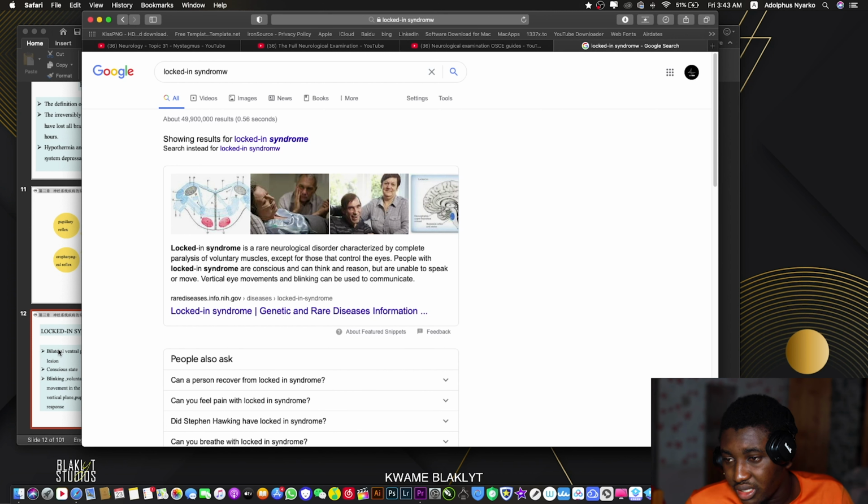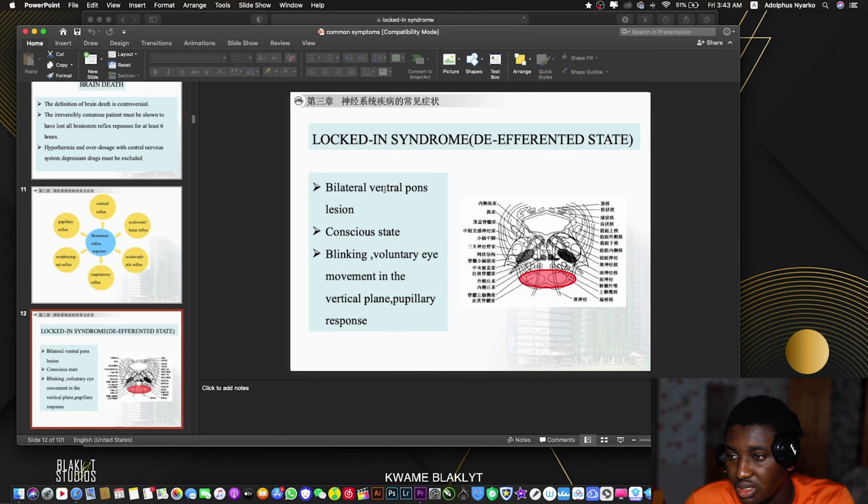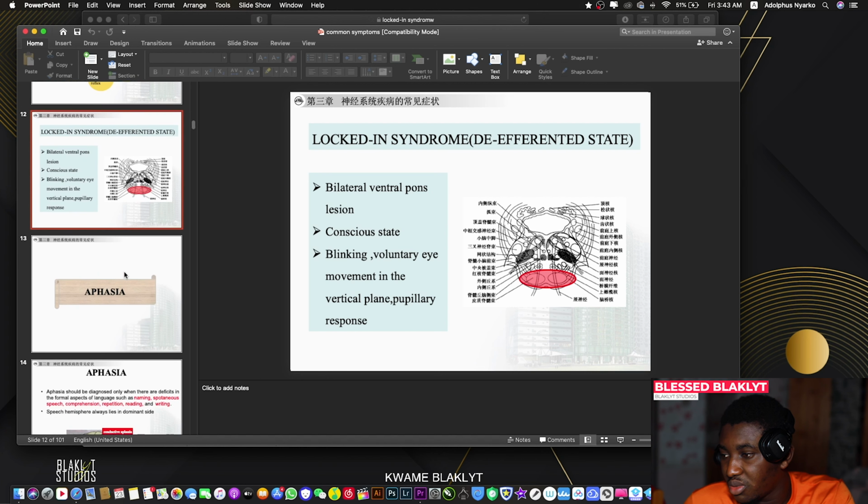Vertical eye movements and blinking can be used to communicate. Alright. So this is a bilateral ventral pons lesion, and it's a conscious state, with blinking, voluntary eye movements in the vertical plane, and pupillary response.